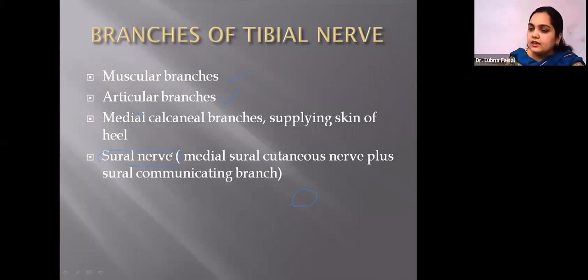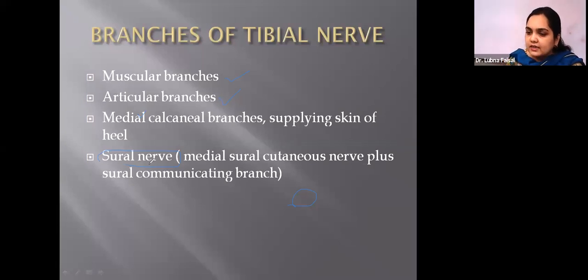I am repeating again, listen carefully. The tibial nerve and the common peroneal nerve give cutaneous branches to form the sural nerve. Now, what are the names of these branches? From the tibial nerve, one branch, that is the medial sural cutaneous nerve, plus one branch from the common peroneal, that is the sural communicating branch. They together form the sural nerve.